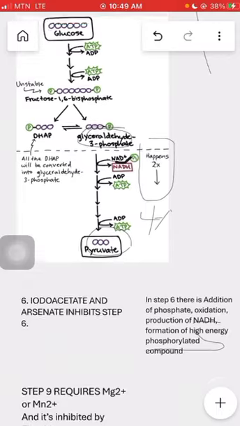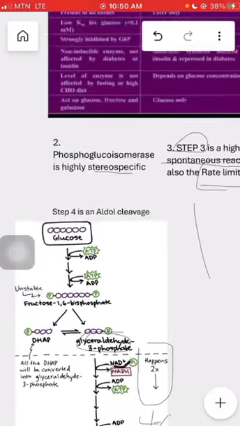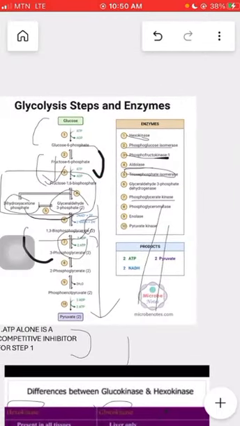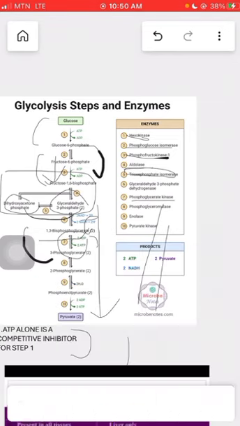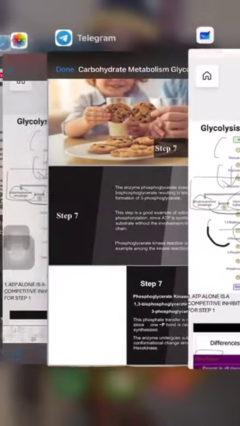So they can inhibit the enzyme that catalyzes step 6. What is the enzyme that catalyzes step 6? The enzyme that catalyzes step 6 is called glyceraldehyde 3-phosphate dehydrogenase. So iodoacetate and arsenate can inhibit this enzyme. Put that in mind.